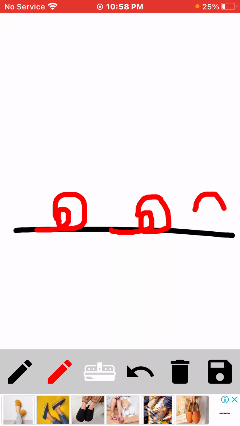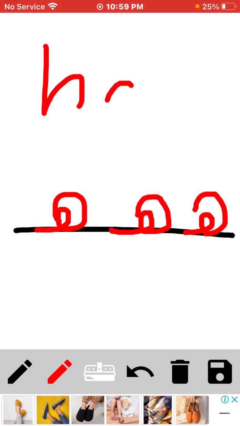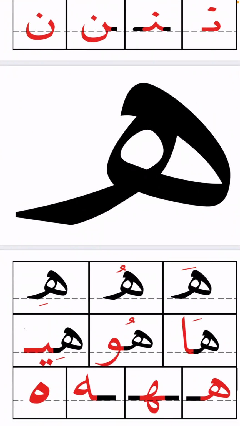This is letter ha, not like the other letter ha, it is different. This letter ha also comes from our throat, and its sound is ha also.